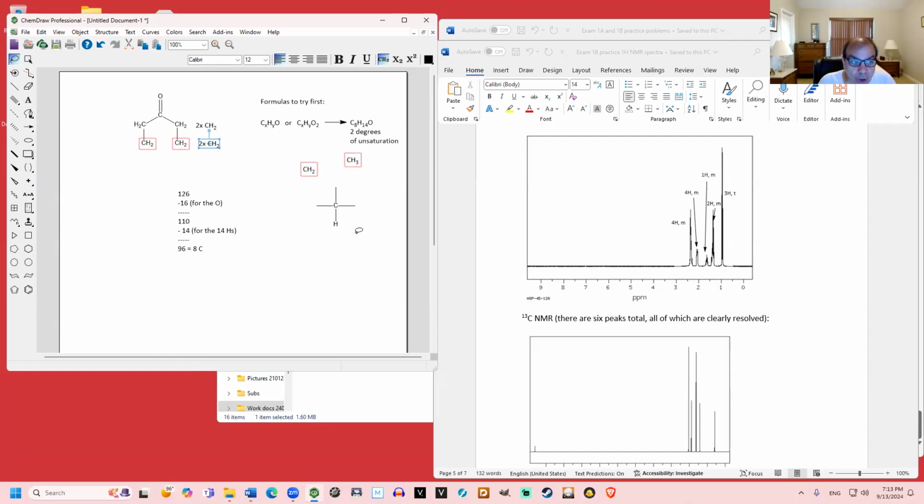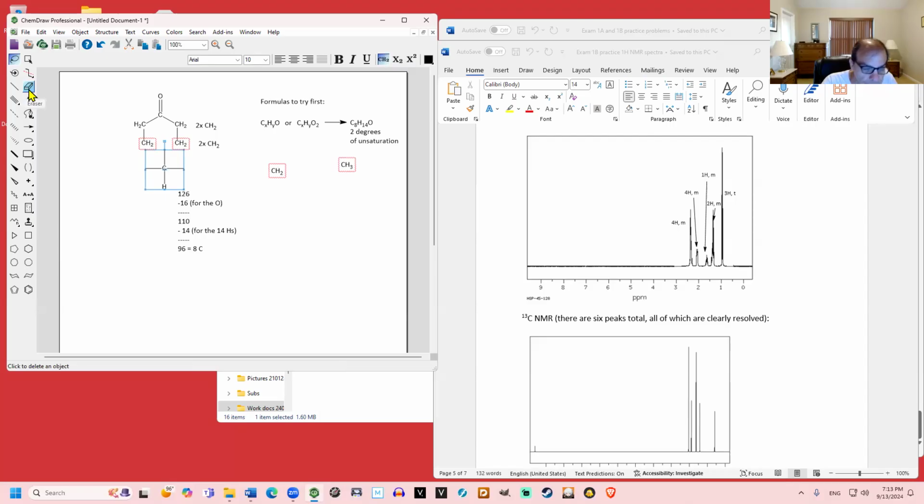Bearing in mind that carbon has 4 bonds, we can't put the CH2 here because that leaves the CH3 and the CH all alone. We certainly can't put the CH3 here. We can, however, put this carbon over here. 2 of those bonds from that carbon will go to CH2s.